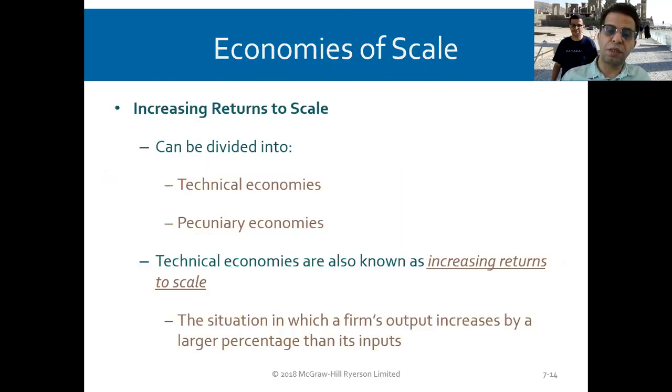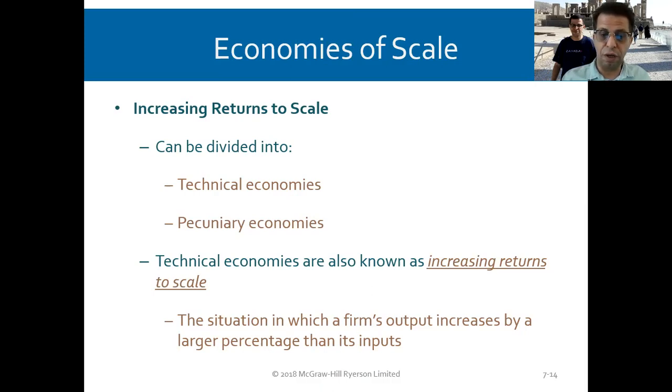Now, in the economies of scale, we said, increasing returns to scale can be divided in two. One is technical, and the second is pecuniary or non-technical economies of scale. The technical economies are also known as increasing returns to scale.